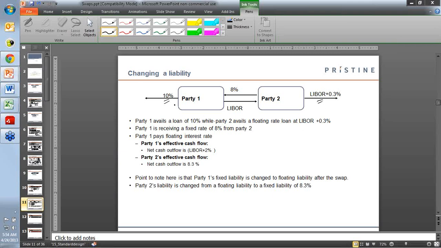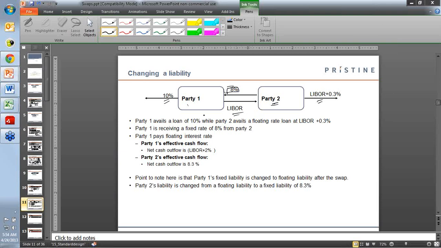Party 1 would want to switch to a floating rate liability, and party 2 would want to switch to a fixed rate liability. So party 1 in this case will simply loan out the money at 8% to party 2, and party 2 will loan out the money at LIBOR to party 1.